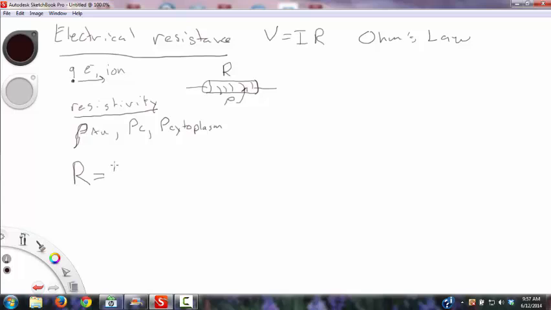So the resistance R of the object is the resistivity rho, which is a material property again, times the length of the cylinder, L, divided by the cross-sectional area A. And this will give you some information about how easy it is to get a current to flow through an object.